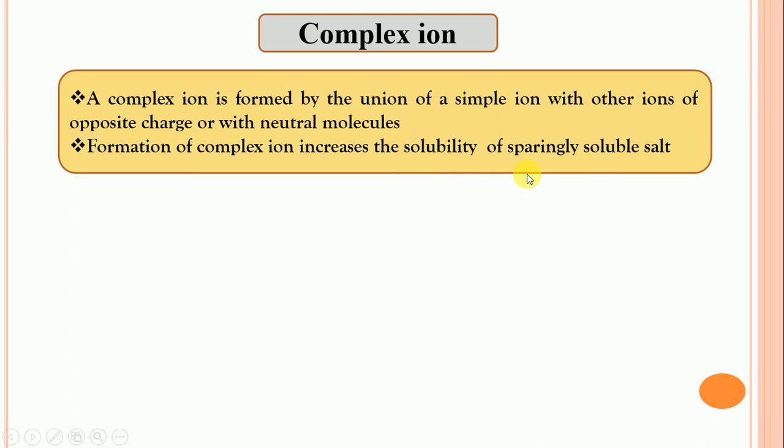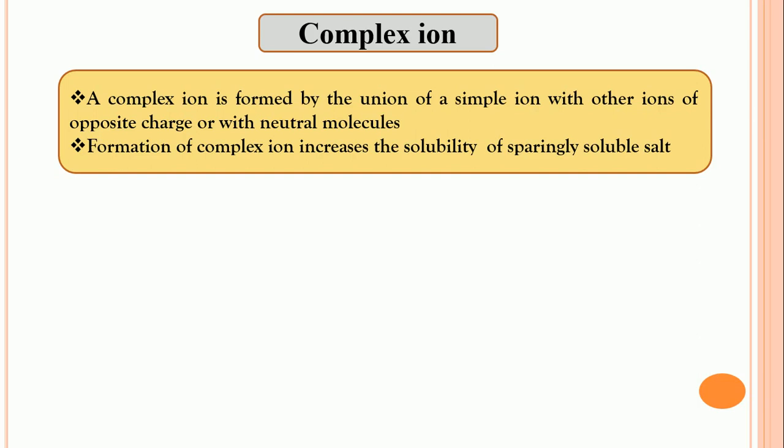So that means when the complex ion is formed, the solubility of that salt goes on increasing. So when complex ion is formed, then the solubility product is increased as compared to the ionic product, and when it goes on increasing, then they get dissolved.